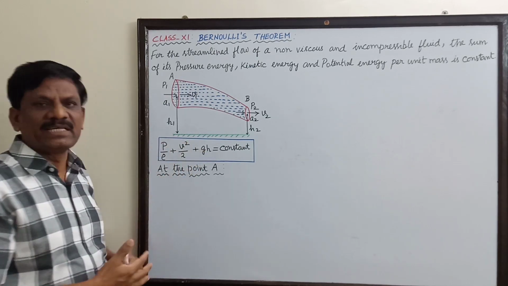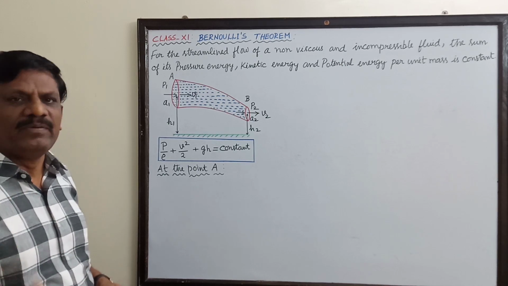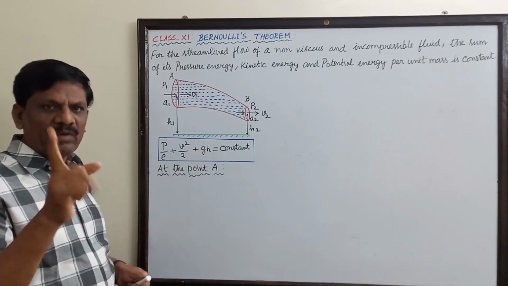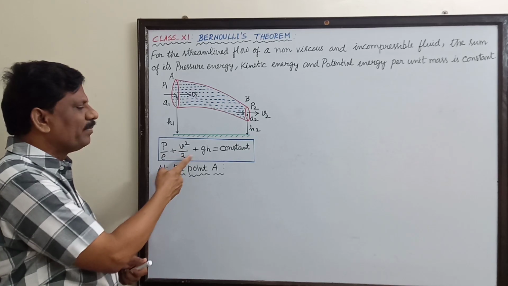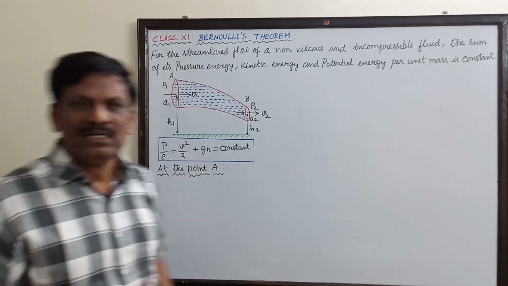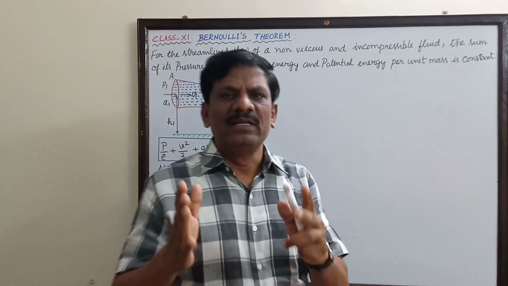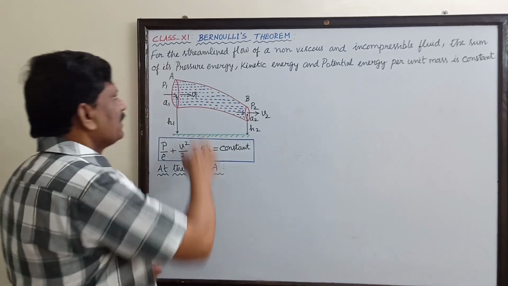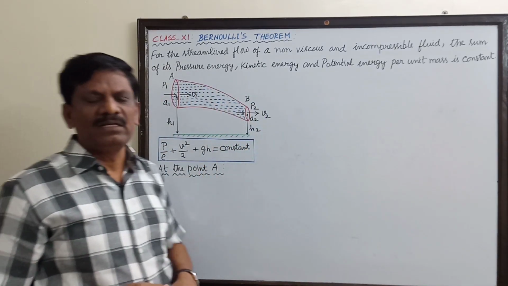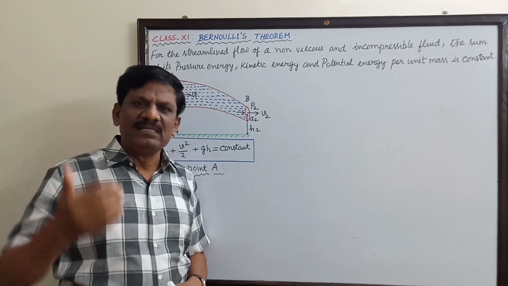Similarly, potential energy expression is mgh, so per unit mass it is gh. So we have to prove that P by rho plus v square by 2 plus gh is equal to a constant. Now just like the steady flow of the liquid, steadily you write the steps.